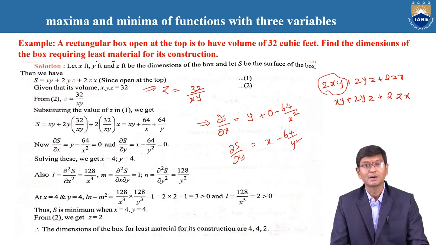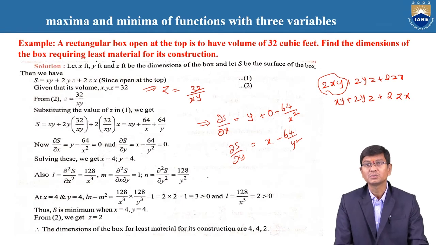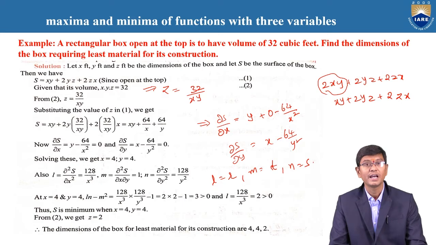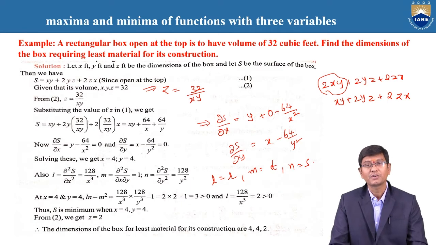With this point, once again we need to find L, M, N, where L is treated as R, M as T, and N as S. Therefore, we need to find Ln minus M square, which is 128 by x cube into 128 by y cube minus 1, equal to 0.